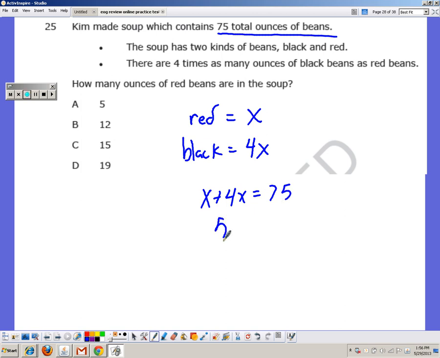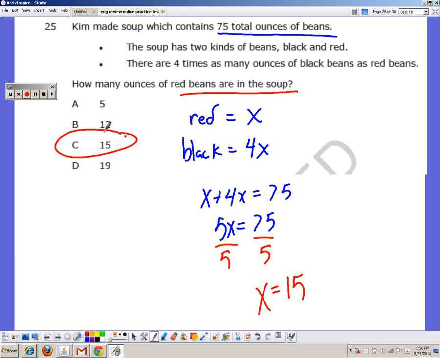X plus 4X is 5X. And to find out what X is, we simply divide everything by 5. X equals 15. Now, since we want red beans, we can stop here. If they wanted black beans, then we're going to have to insert 15 where the X is, and 4 times 15 would be 60.